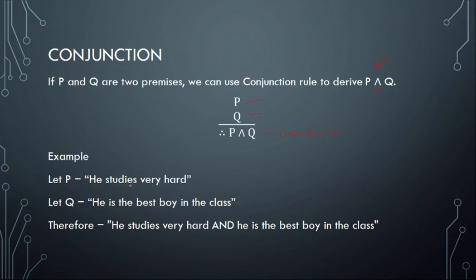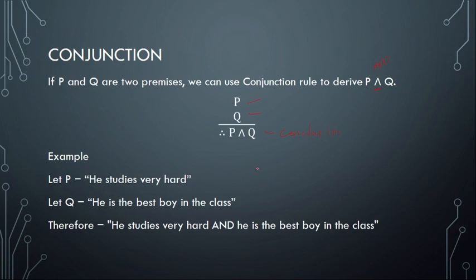For example, the variable P has the statement, he studies very hard. Then the proposition Q has the statement, he is the best boy in the class. With the AND connective, if you remember, if one of the variables is false or zero, the return value is automatically zero or false.